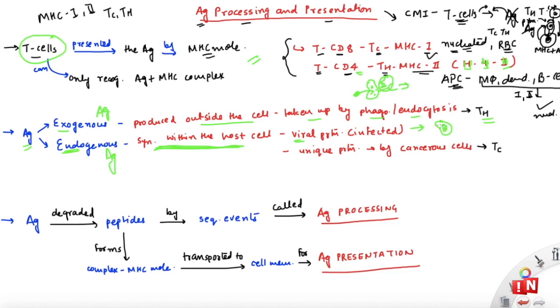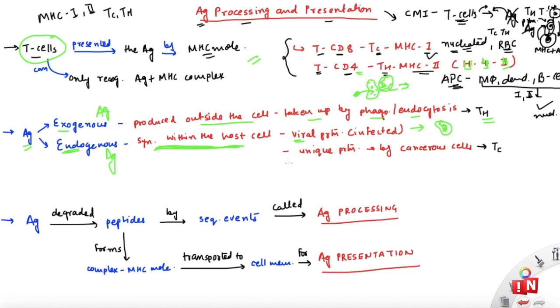So in this case, when the viral proteins are synthesized by the host cell, that is an example of endogenous antigen. Or there also could be a situation where the proteins are produced in the cells. You know, the proteins have half-lives, so they need to be degraded at certain points. Also, some proteins, when they are synthesized in normal condition in our body, could be defective.